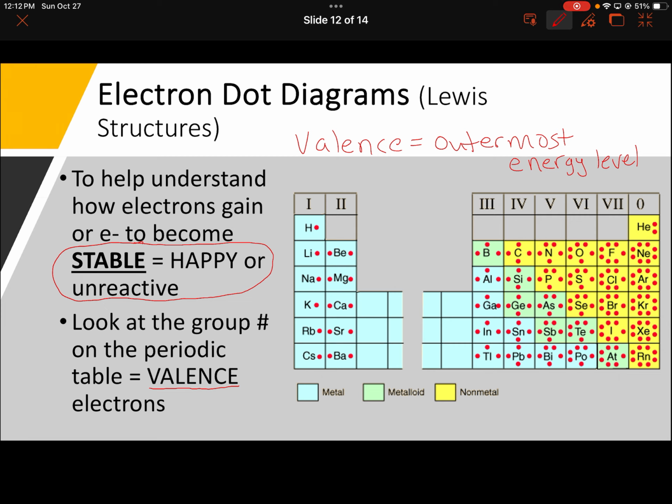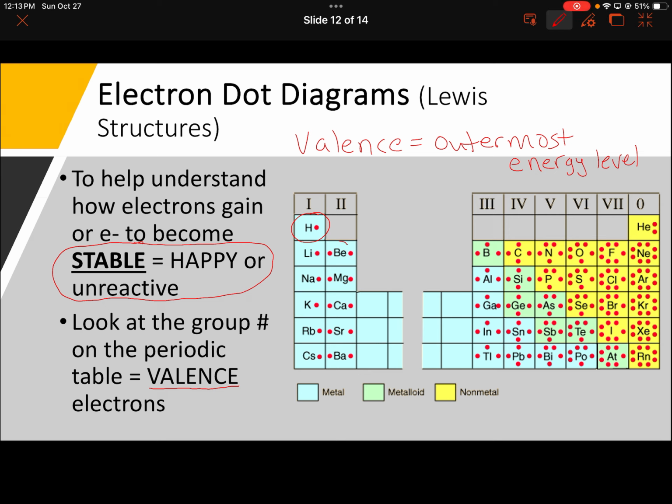So where we're at with our chemistry studies is the focus on the valence energy level, or that outermost energy level. And so our diagrams are going to become a little more simple than what they were, in that we're just going to look at those electrons. So if you look at the table that is on this slide, if I look at hydrogen right here, well, we see the element H and it has 1 dot. Well, hydrogen only has 1 valence electron.